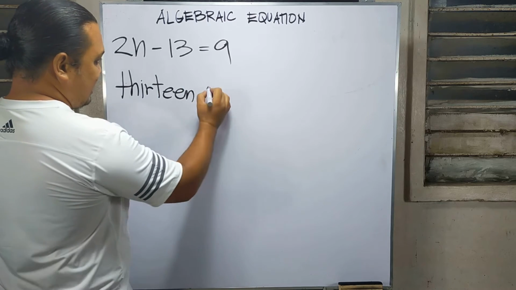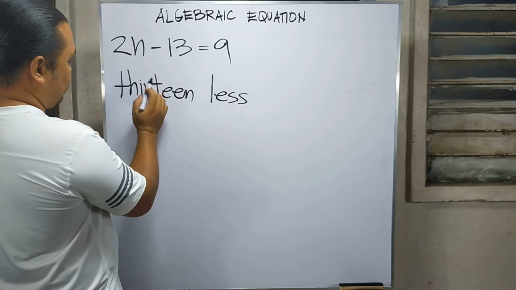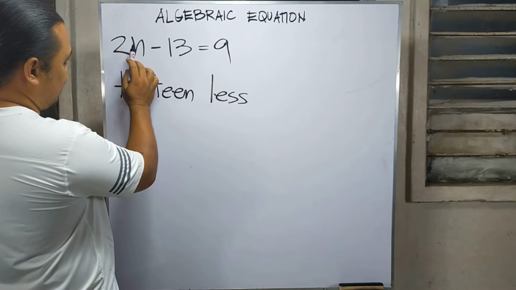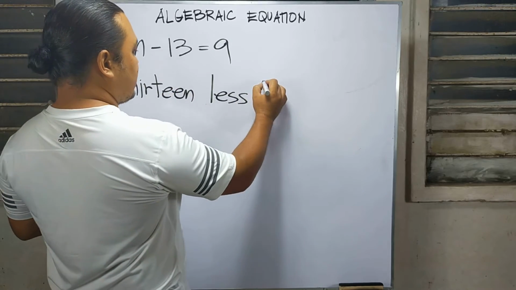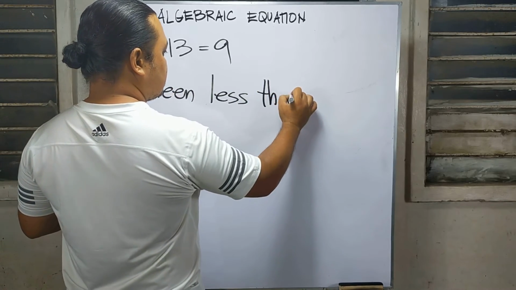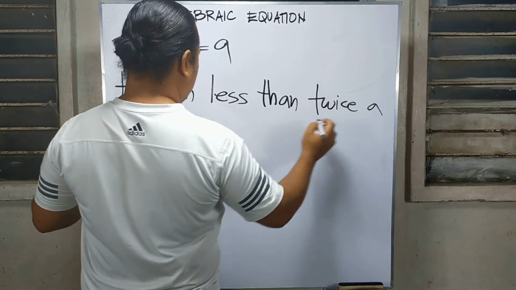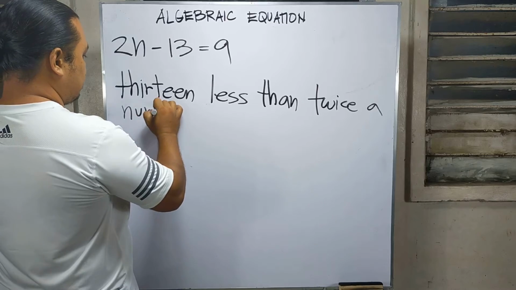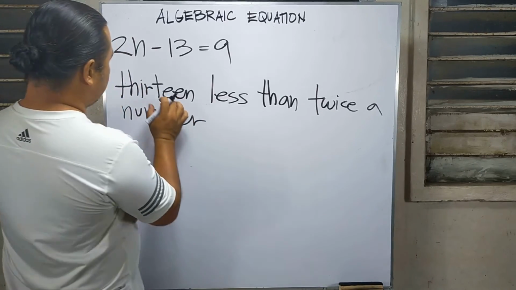So 13 less. We have twice of this number. Therefore, we can say 13 less than twice a number.